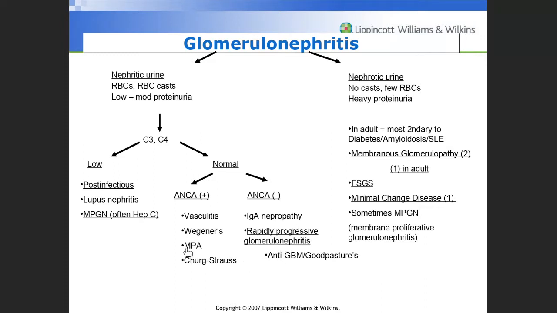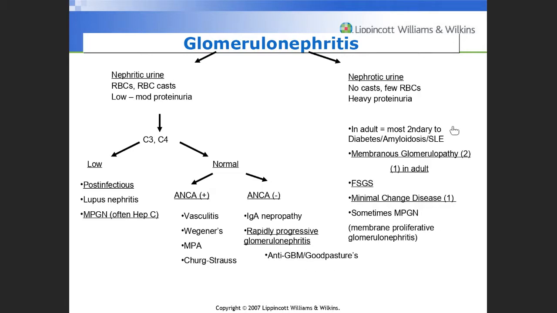It could be related to Wegener, or to the glomerular basement membrane, or Goodpasture. In Goodpasture, we saw that it's an autoimmune antibody disease that binds to the basement membrane in the lungs, for example.